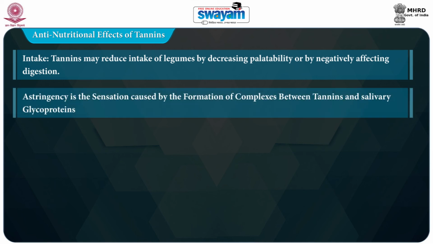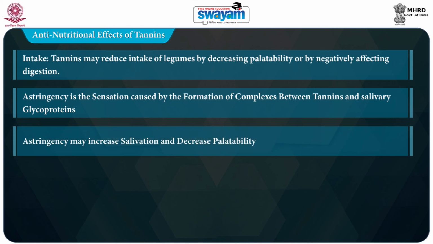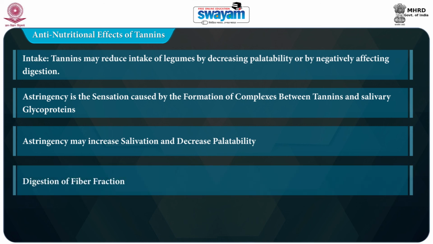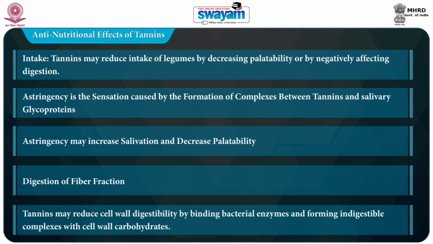The astringency sensation is caused by the formation of complexes between the tannins and salivary glycoproteins, which may increase or decrease the saliva. The second factor is that tannins may affect fiber fraction digestion. Tannins may reduce cell wall digestibility by binding bacterial enzymes and forming indigestible complexes with cell wall carbohydrates.